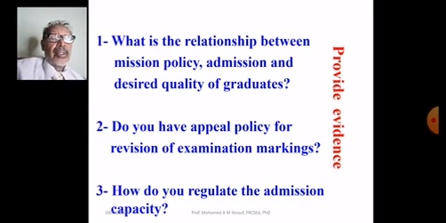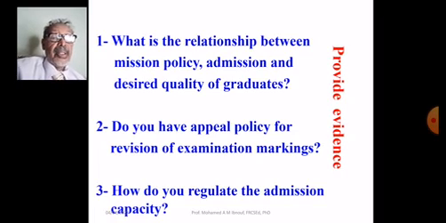And do you have an appeal policy for revision of examination marks? Yes. Usually there is a policy written, and the student can have a written application to the head of department, which will be forwarded to the dean of the faculty, and to the university academic affairs.